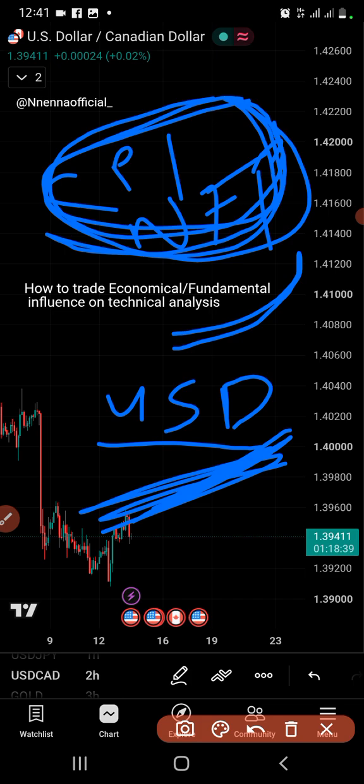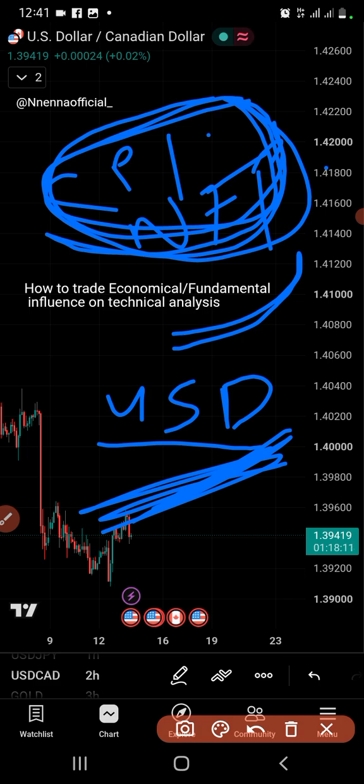And whenever you go there and you see the CPI, the NFP, the FOMC, the PPI, the non-farm employment change, and they are showing a reduction in percentage, or they are showing in color red, it simply means the strength of USD is weak. And when it is weak, when you come to your chart on technical analysis, you want to apply the effect of what you have found on the fundamentals.